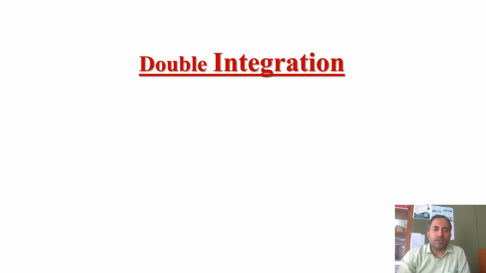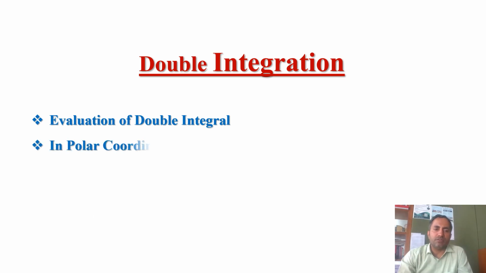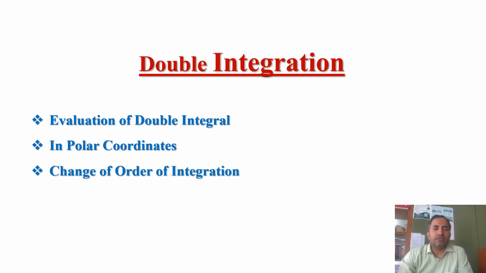So once we talk about the double integration, if you are aware about the single integration, it is a successive integration, right? In this lecture, we will learn the evaluation of double integration, how we do this. After that, we will talk about the double integration in polar coordinates. Then we talk about double integration by changing the order of integration.